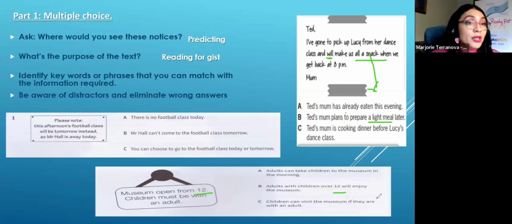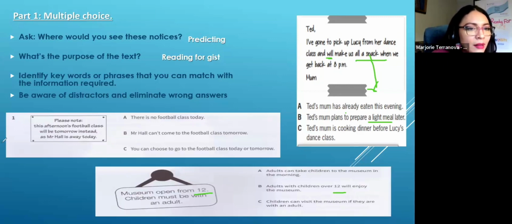Oh, and some students might feel like, oh, probably that is the answer because they have some kind of similar information. This technique is called word spotting. Tell your students that they have to be careful with this information because it's tricky. It's normally there for the students to think that that might be the answer, but that's actually not the answer.